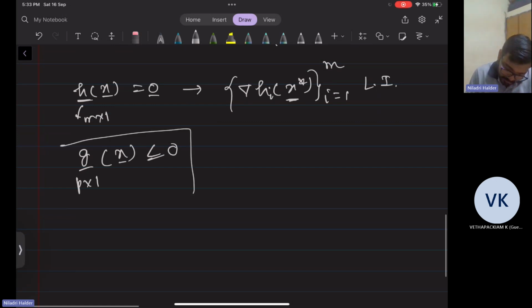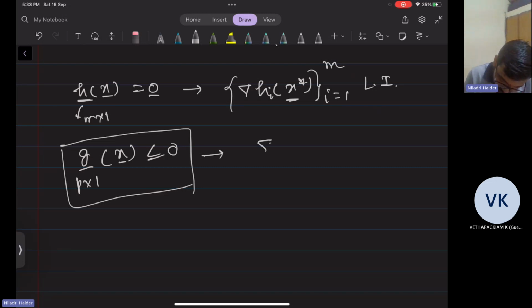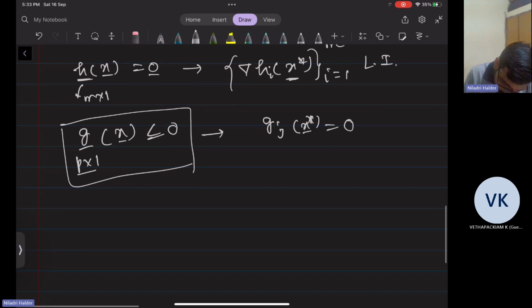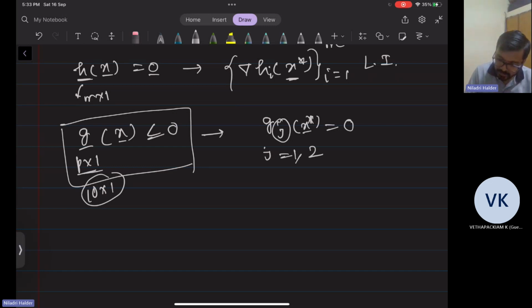In this constraint we will find out those values of j, such that g j of x star is equal to 0. That need not be all p values. Suppose here 10 functions are there. Out of this, I find that only j equals 1 and j equals 2 satisfy this condition. That means only two conditions are satisfied.